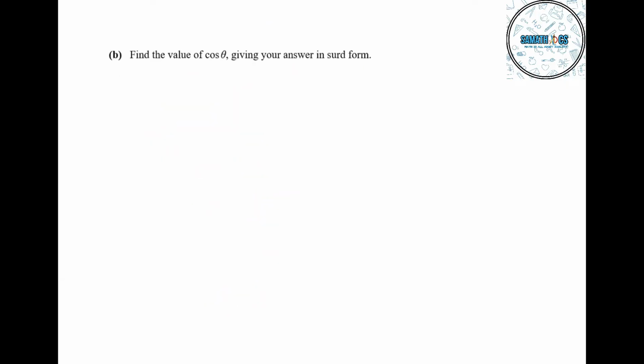In part B, they are saying find the value of cos theta, giving your answer in surd form. As we know that cot theta is equal to minus 2 under root 6, cos theta upon sine theta is equal to minus 2 under root 6. So cos theta is equal to sine theta multiplied by minus 2 under root 6.